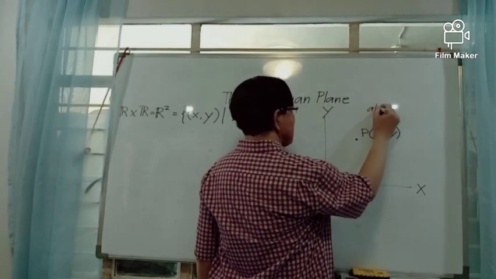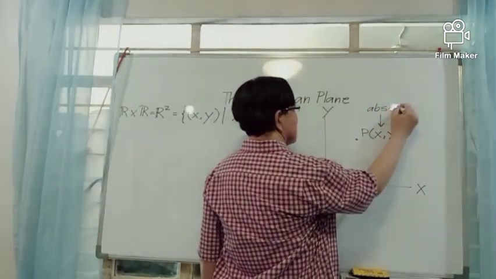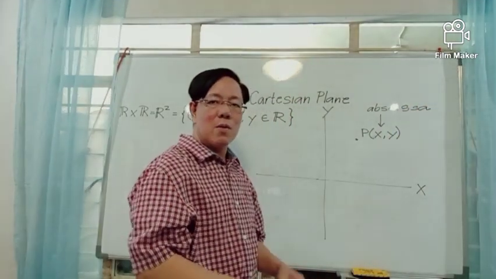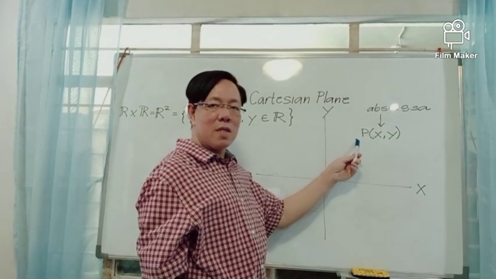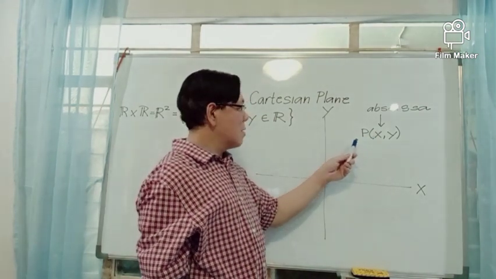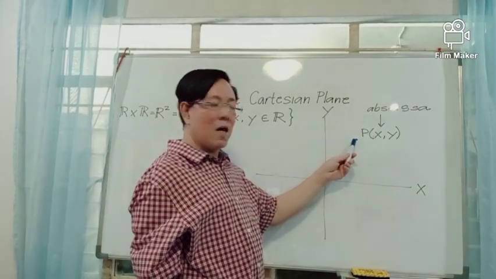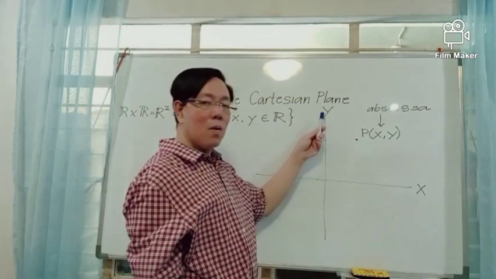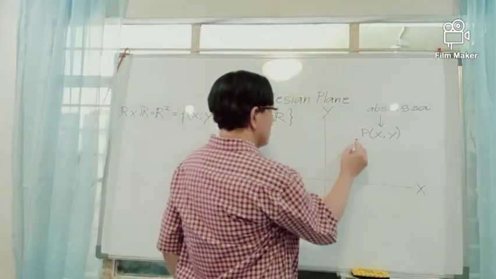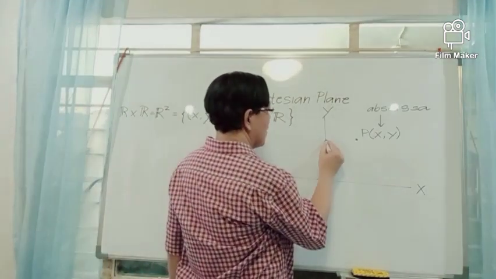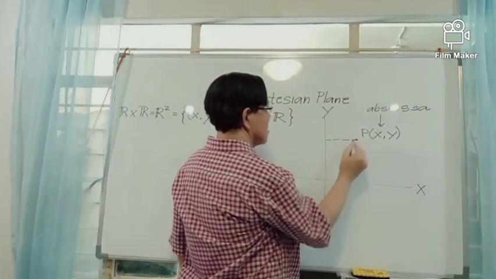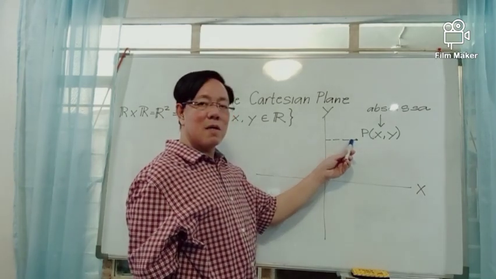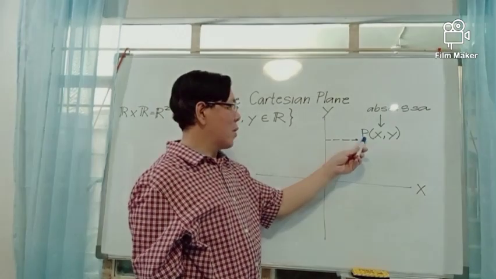Abscissa refers to the first coordinate of a point in the Cartesian plane. The abscissa gives the distance of the point from the vertical axis or the y-axis.